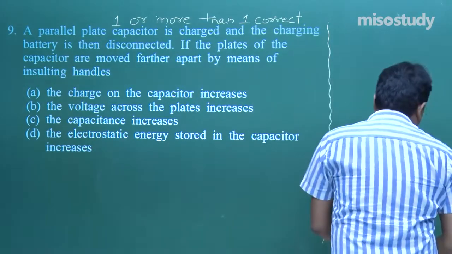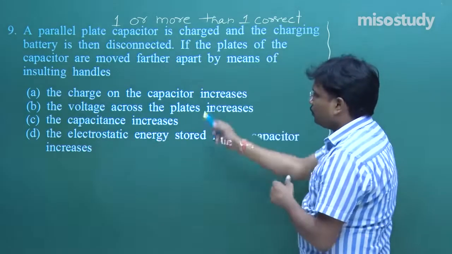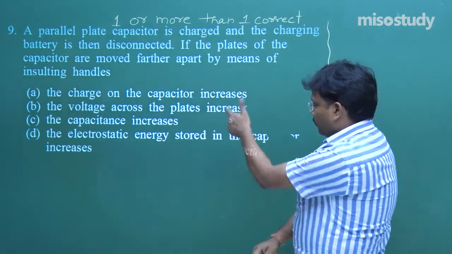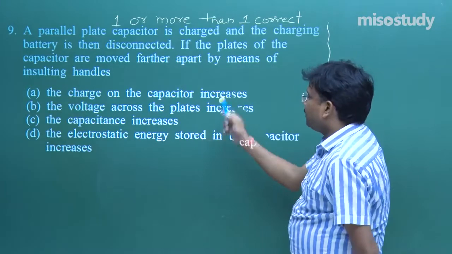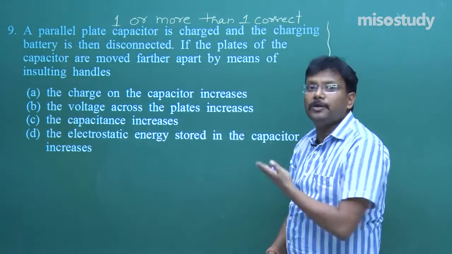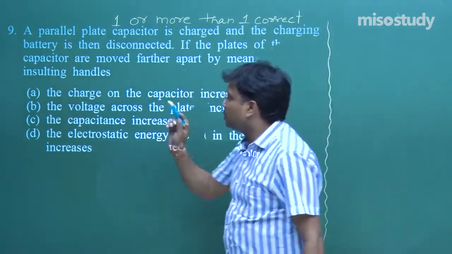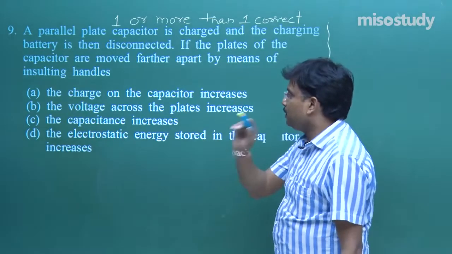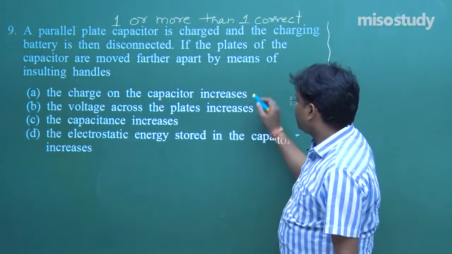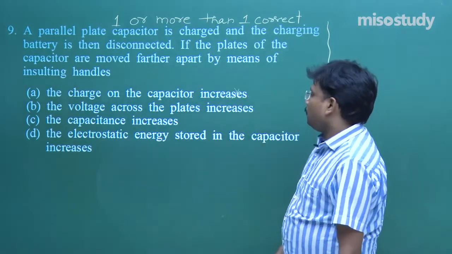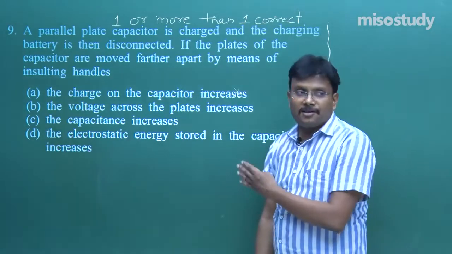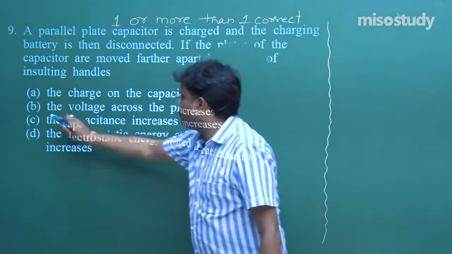Now first thing, on the basis of this much, let us try to read at least one or two options. Charge on capacitor increases. No, we proved at least 2-3 times that Q is something which is going to remain fixed. Fine. So it is not correct. Voltage across the plates increases. Third line, yes, it is correct.